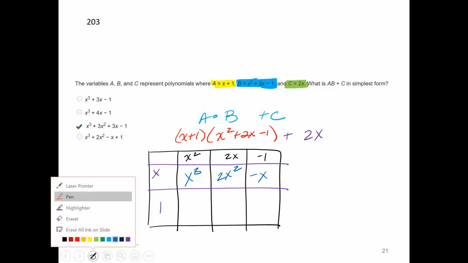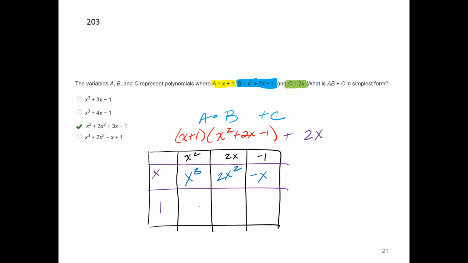Then the second part of the box, you're going to have x squared times 1 is x squared, 1 times 2x is 2x, 1 times negative 1 is negative 1.